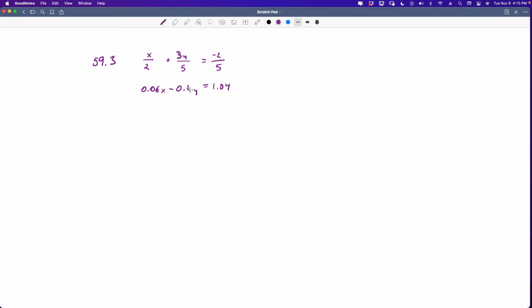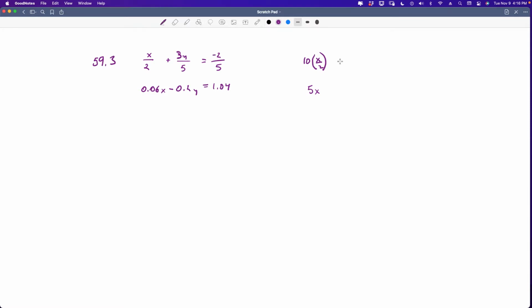All right, so first we need to get rid of the denominator in this one. We need to make this a whole number, and because it's an equation, we can take the common denominator of 10 and multiply each term by it. Let's do this one first. If I take 10 times x over 2, the 2 and 10 cancel to leave 5, so this is going to be 5x.